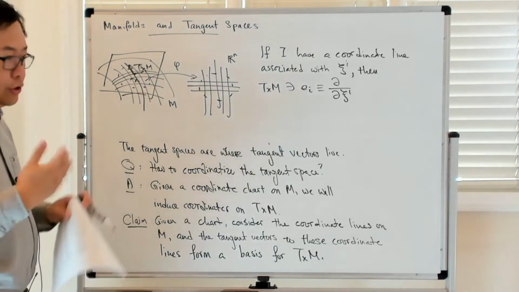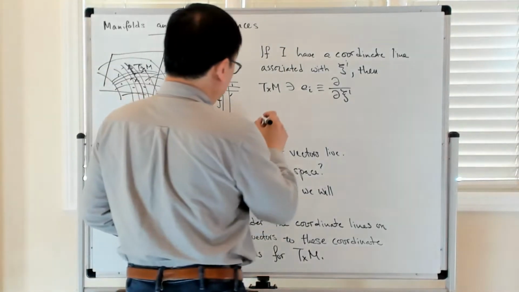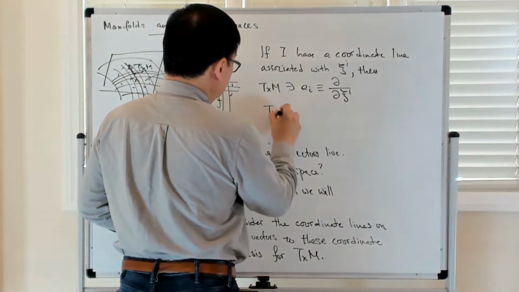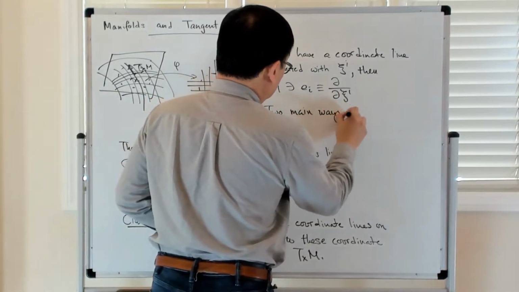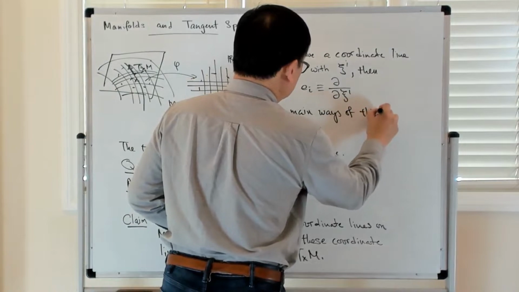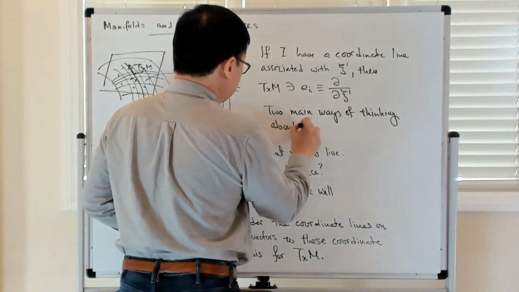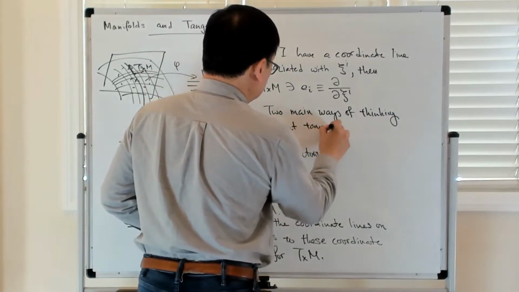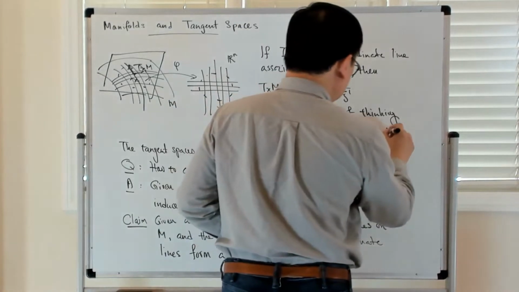Okay, and so there are two main ways to do this. One of which is to think of, so two main ways of thinking about tangent vectors intrinsically.